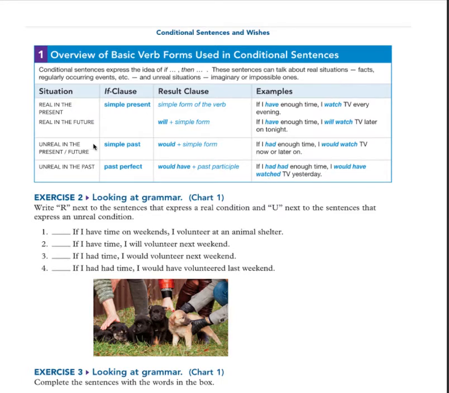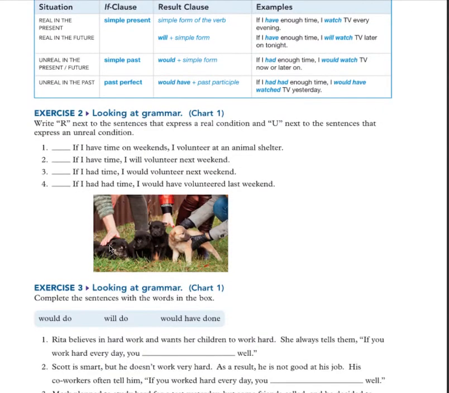Now using the information from here, for all of this, right here, we're going to use this information to complete exercise 2.